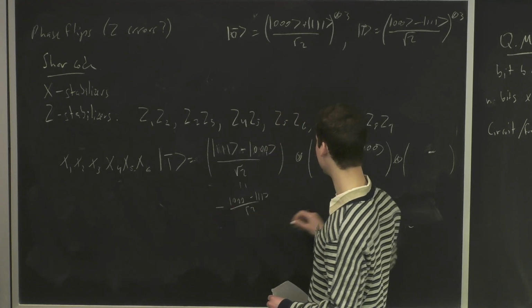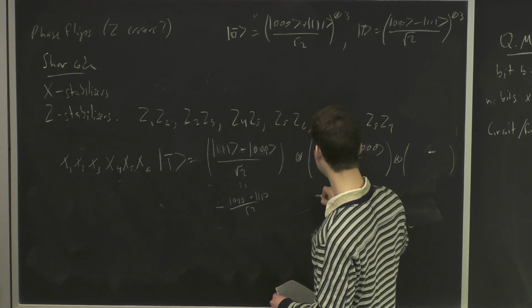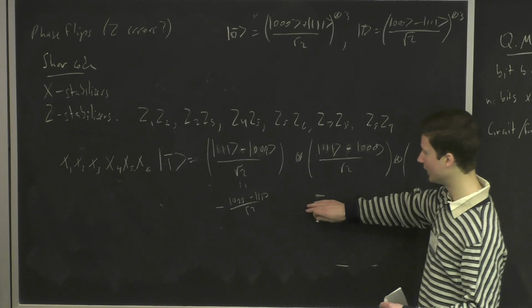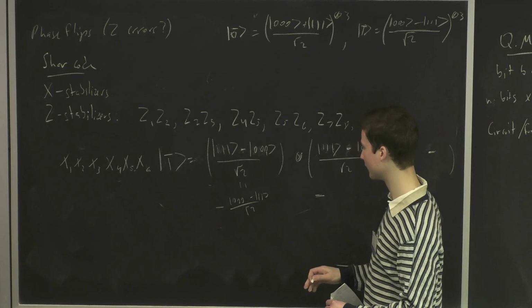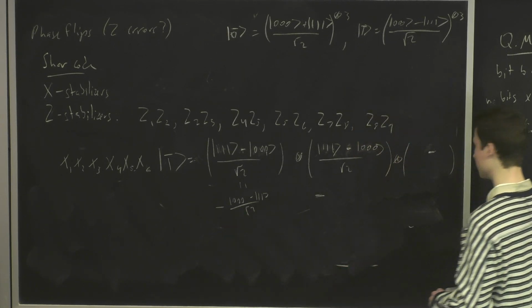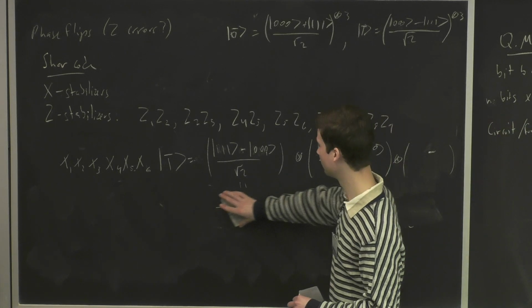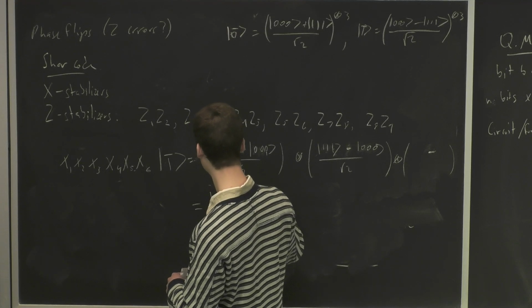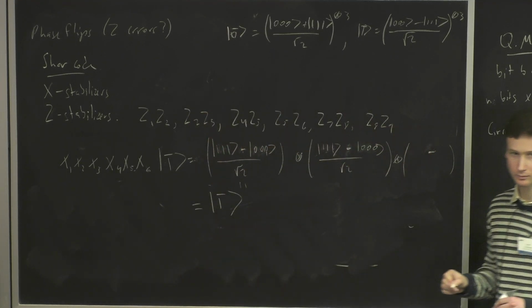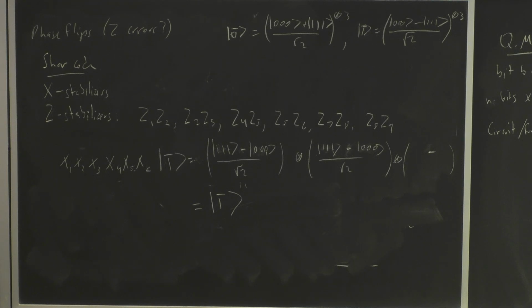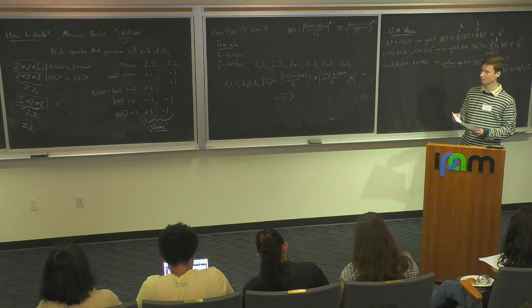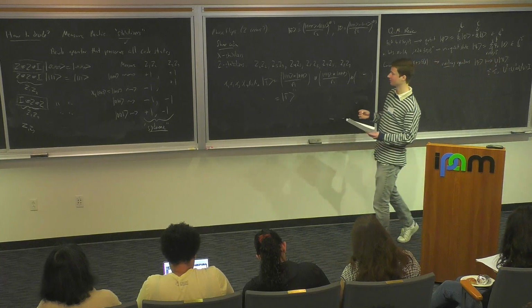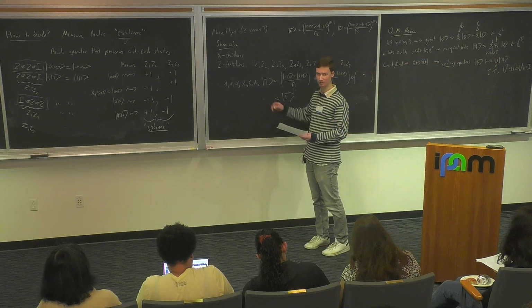So we picked up a negative sign here, and we've also picked up a negative sign here, and these 2 negative signs cancel. So essentially we get back our logical 1 state.